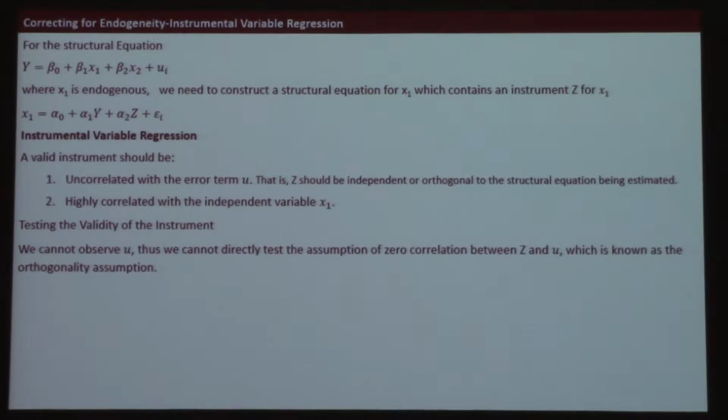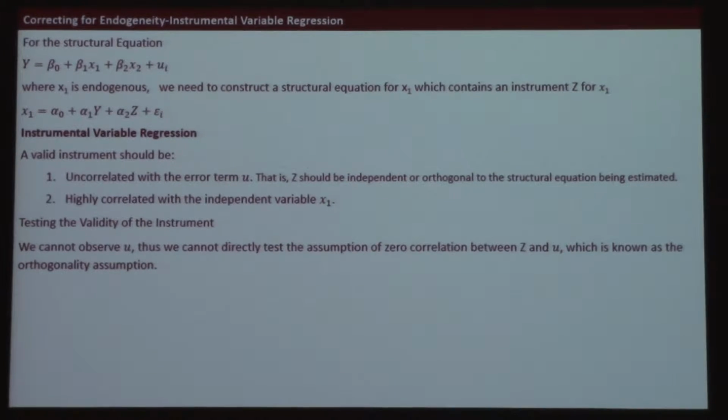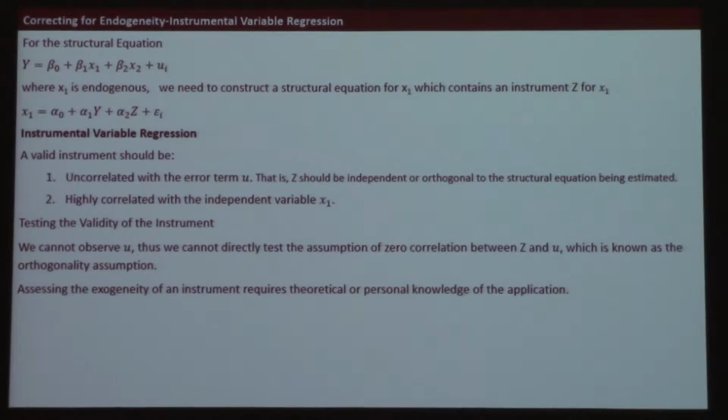All right, test the validity of the instrument. Well, we can't observe the error term, so we really can't test the exogeneity assumption. What we do is justify it theoretically. Does it belong in the demand equation? Nope. Is it correlated with price? Sure. Then we can use it as an instrument.